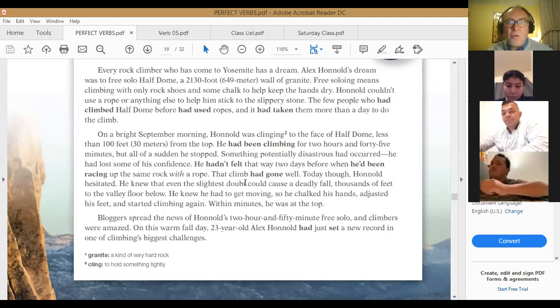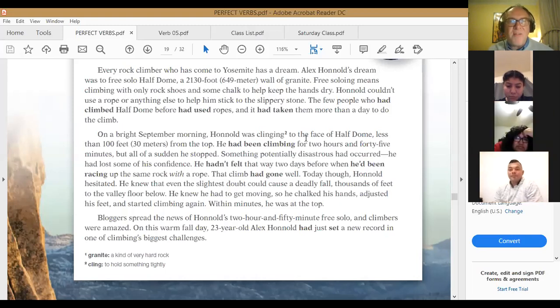Today, though, Honnold hesitated. He knew that even the slightest doubt could cause a deadly fall, thousands of feet to the valley floor below. He knew he had to get moving, so he chalked off his hands, adjusted his feet, and started climbing again. Within minutes, he was at the top.